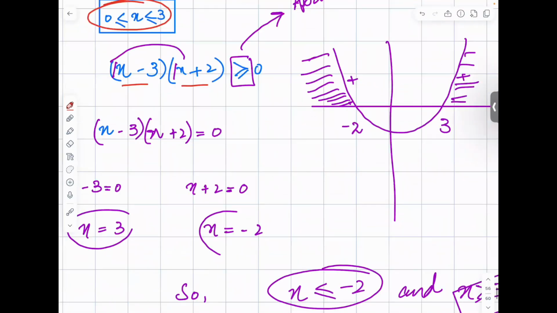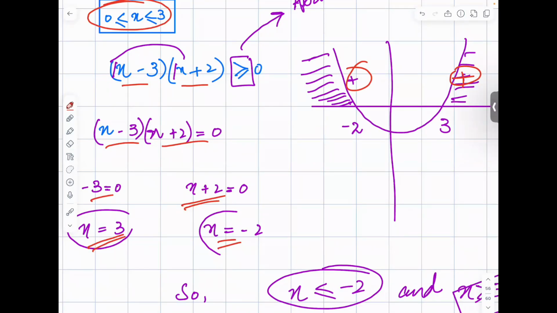Similarly, we solve these questions. Again, x minus 3 and x plus 2 is greater than or equal to 0. Again, the coefficient of x square is positive, so it would be opening upward. Then we need zeros. We will solve the quadratic equation for finding values of x, putting it equal to 0.